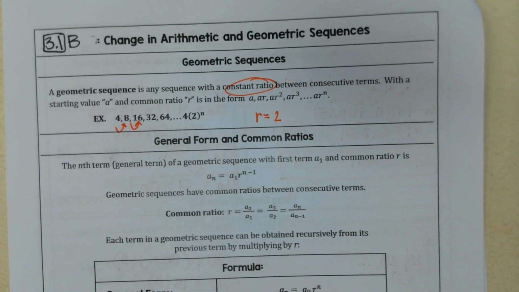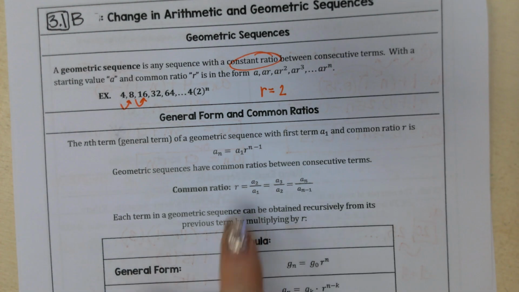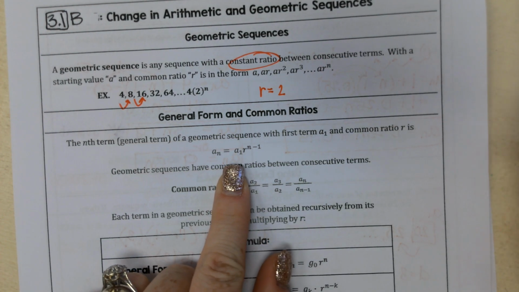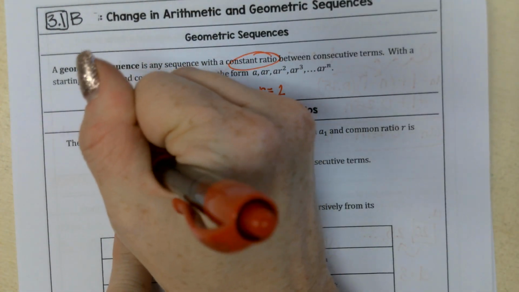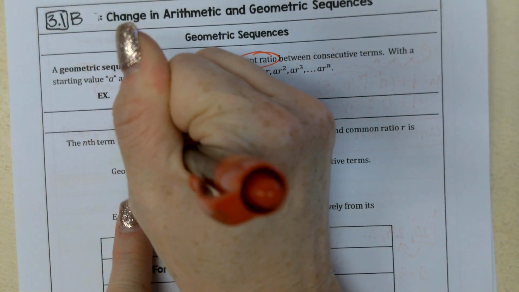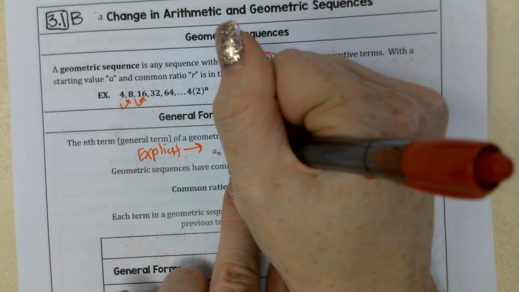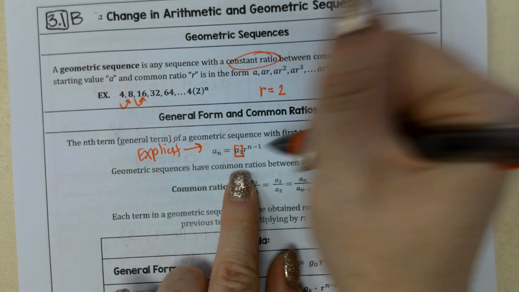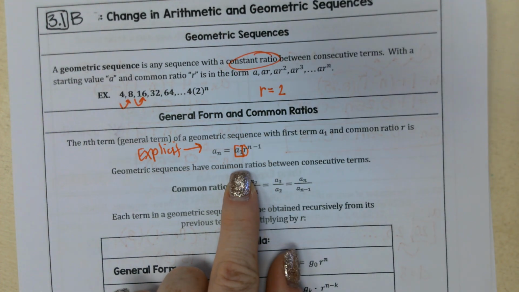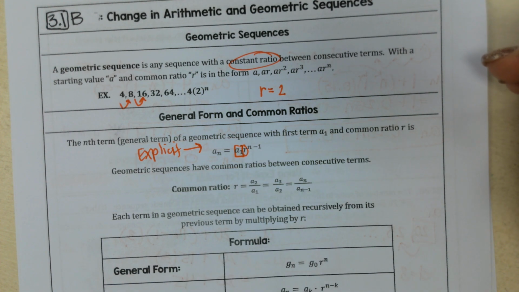Okay? Here is my explicit formula. You need 2 things. You need your first term, and you need your common ratio. The n - 1 is just like in that arithmetic sequence. You just leave it alone unless you're plugging something into it.